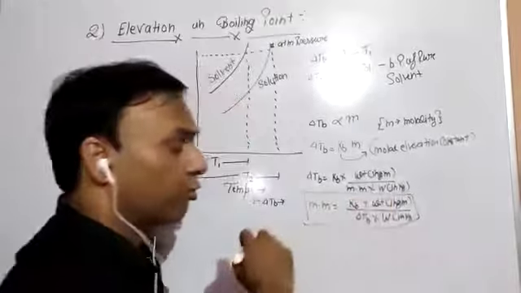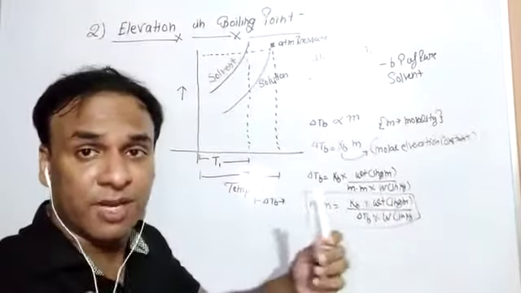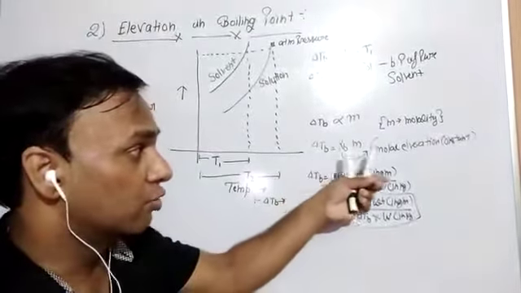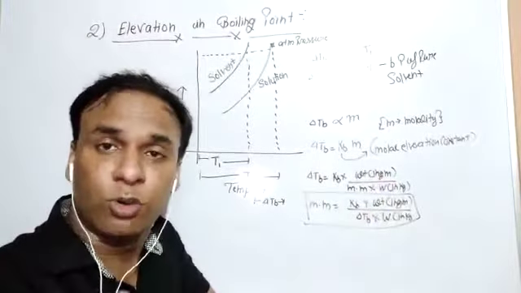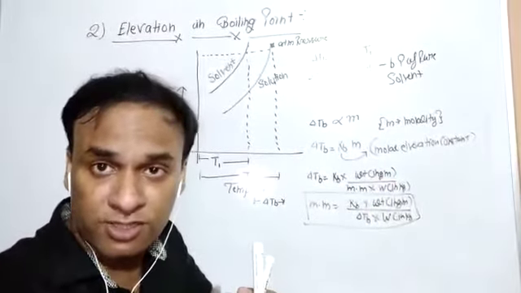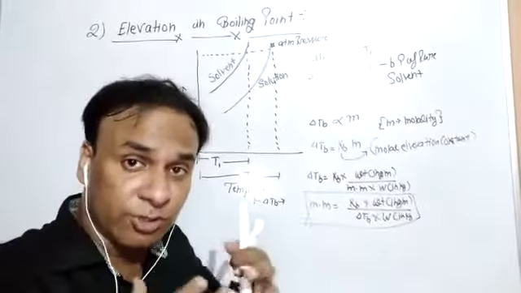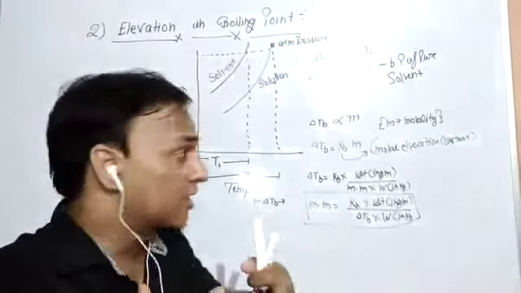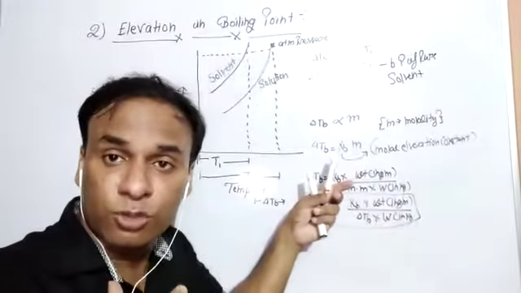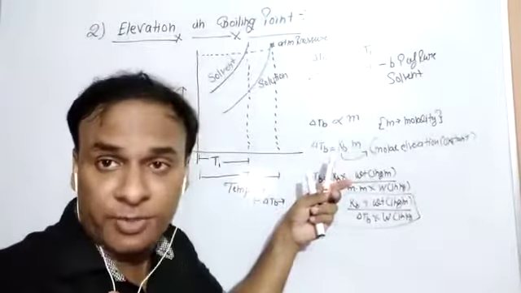This is the formula by which we can get the molecular mass of the solute. Here Kb is called the molal elevation constant. It is also called the ebullioscopic constant because the molal elevation constant is measured by ebullioscopic devices. That's why Kb is also called the ebullioscopic constant.